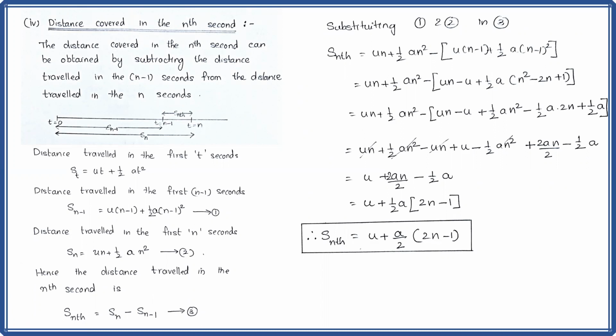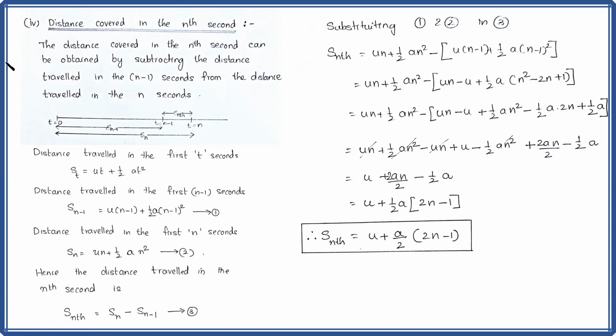That means we want the distance traveled in a particular second only. If you want to know the distance traveled in the 7th second, first find the distance traveled in the 7 seconds, then find the distance traveled in the 6 seconds, subtract the distance of 6 seconds from the distance of 7 seconds, then you will get the distance traveled in the 7th second.